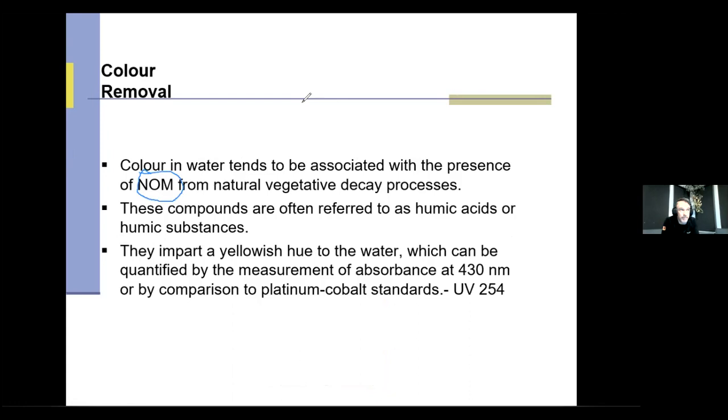And this could be from usually vegetation. When it decays, it gives off little particles. There are humic acids, humic substances, and similar to how we made tea earlier, it's all these acids that impart into the water. They give that yellow or brown or rusty color to the water.